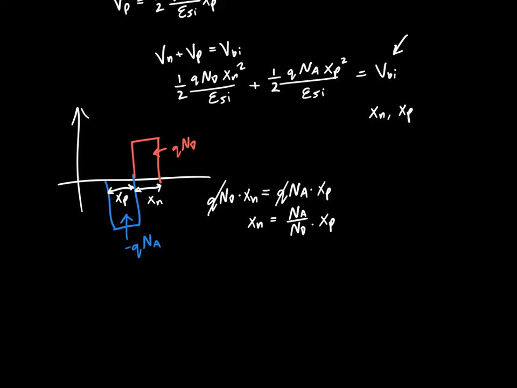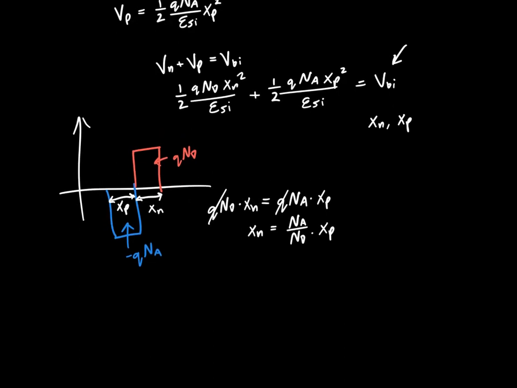So we can plug that in above here, and we can solve our equation for the depletion width on the xn side. So if we plug that in, and I'm not going to belabor the algebra here, you plug it in, then you move everything to one side, and then you take the square root of the result, you'll get that xn is equal to the square root of 2 times epsilon silicon times VBI divided by Nd times 1 plus Nd over Na.